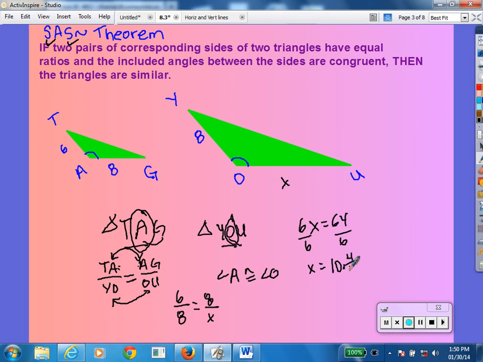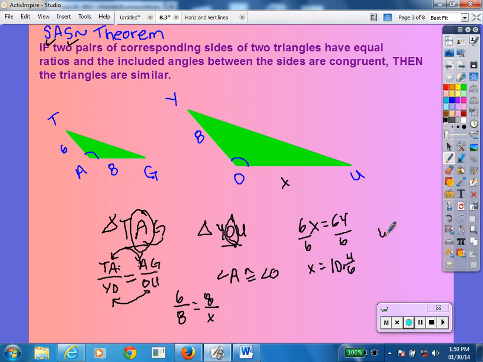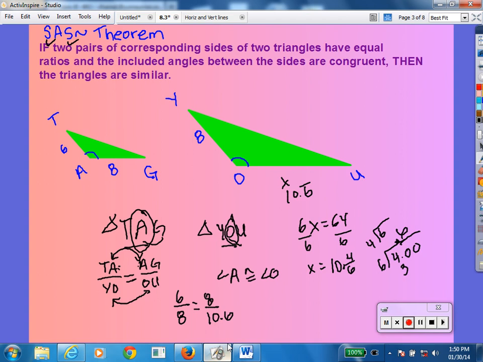So 10 and 4/6 is, I'm sorry, really quick in decimal form, that's 0.66666. So 10.6 repeating. And so that's what we would get there, 10.6 repeating.